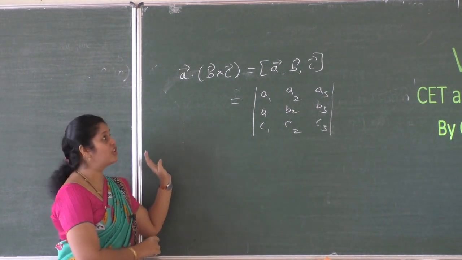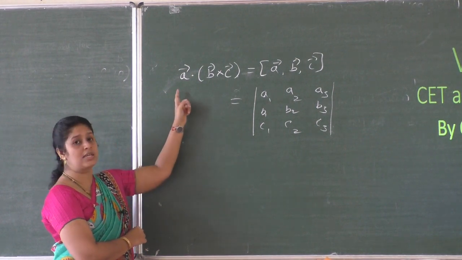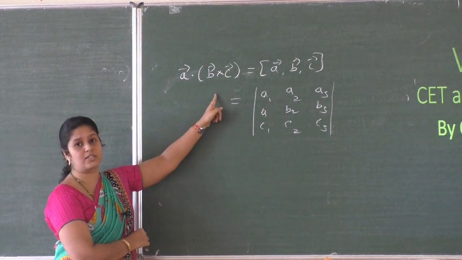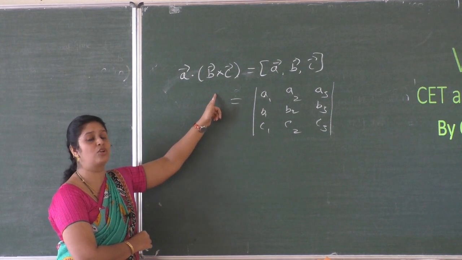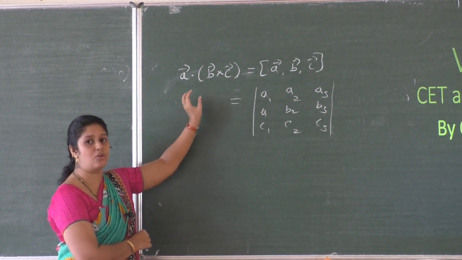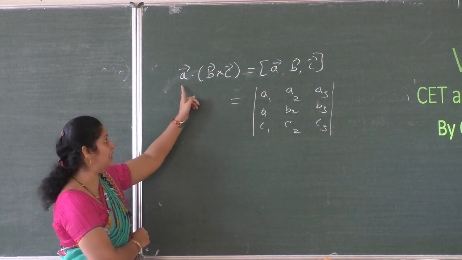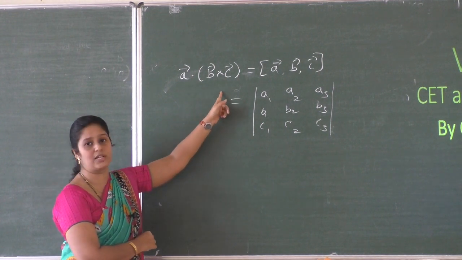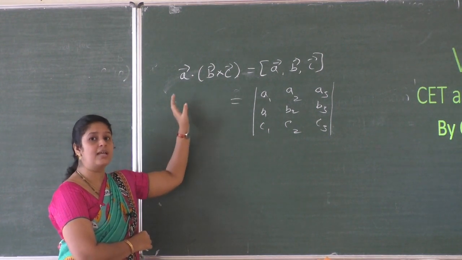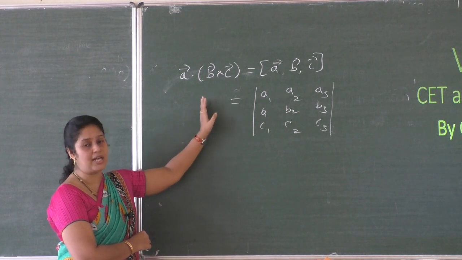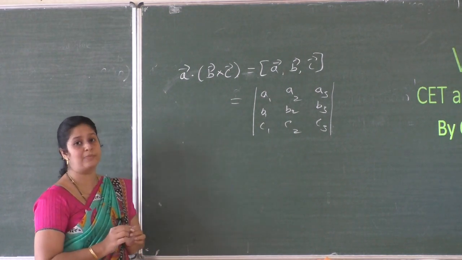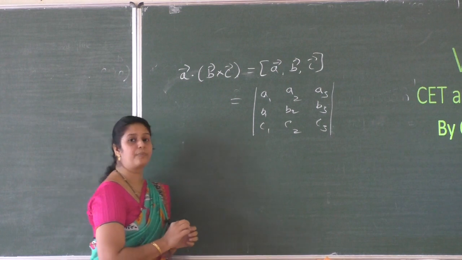And also you remember that vector A dot vector B cross vector C has the geometrical meaning of the volume of the parallelepiped. If vector A, vector B, vector C are coplanar, then the volume of the parallelepiped is equal to 0.